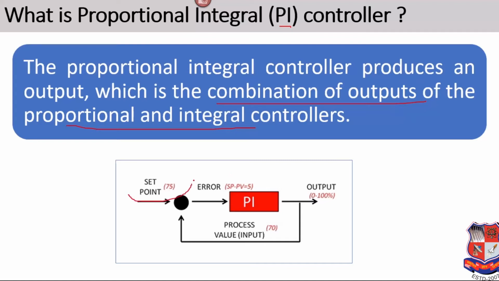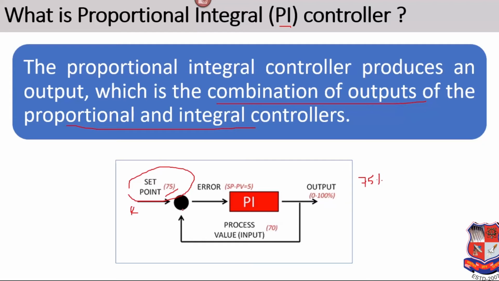We have set up one point, and 75% is my target. We provide some raw material and process it, and my set point is 75% production as output. I want 75 production, not more than 75 and not less than 75%.